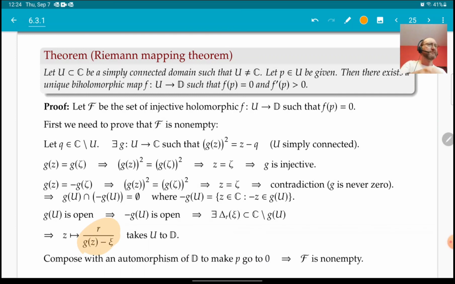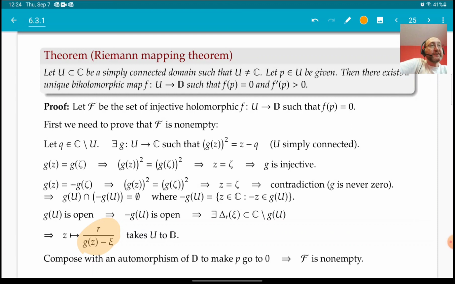Obviously, if g is injective, that's also injective. So that's not hard. And you can see where existence of square roots is important here, and we're going to use it once more. So we have that script F is non-empty.